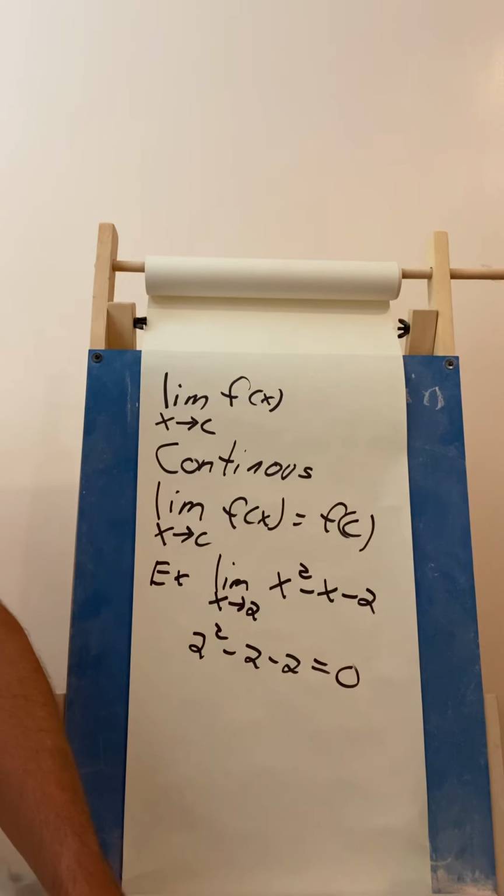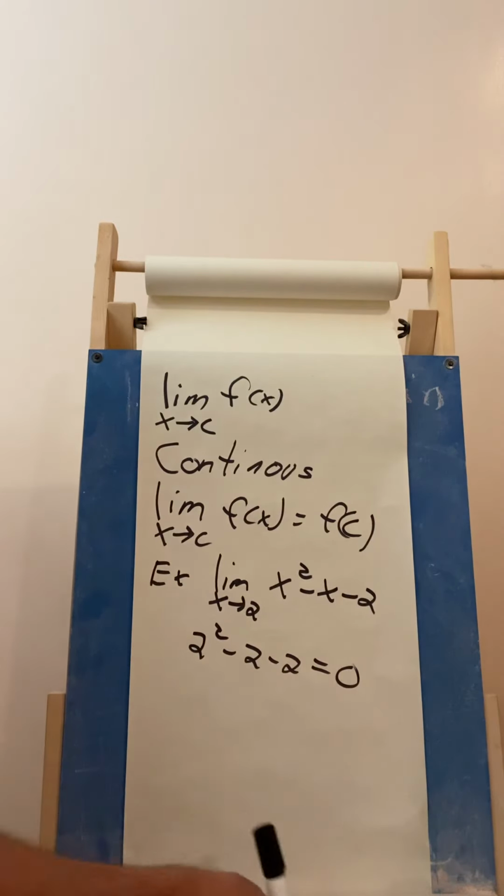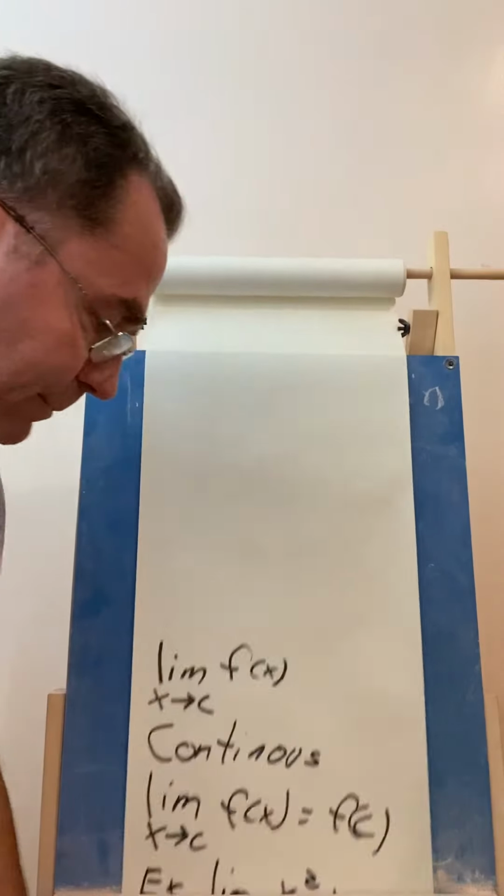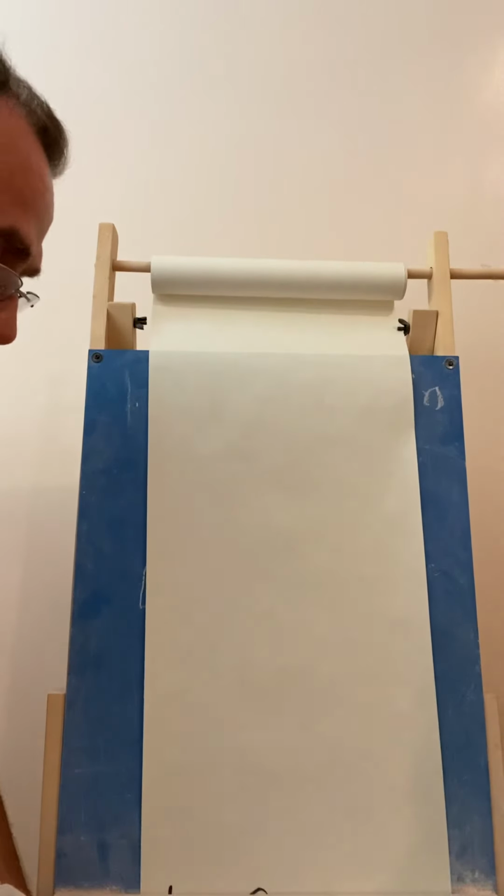If you plug in and some strange things start happening, you get some results that aren't typical, then there's other things you need to do. For example, let's take a look at another function.